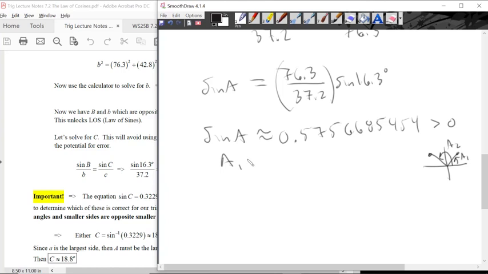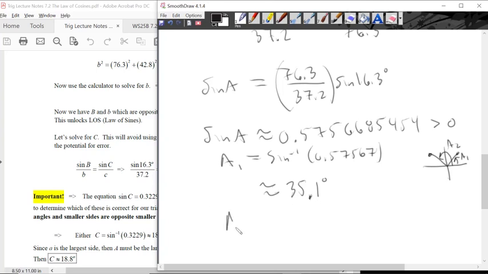Okay, but A1 would be found by taking the arc sine of this number, 0.57567, we'll call that. And that's approximated by, let's see, on the calculator, I get approximately 35.1 degrees, and then after the 1 there's 4.64643.